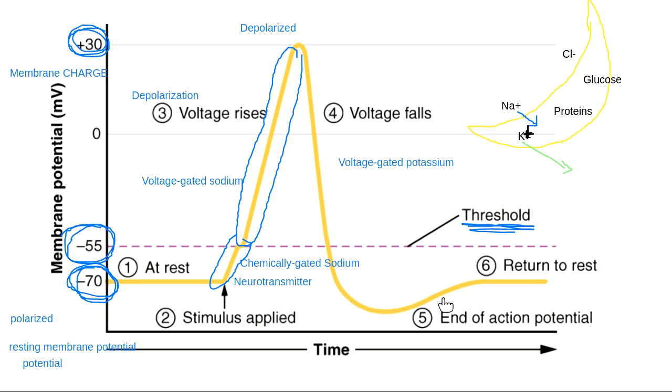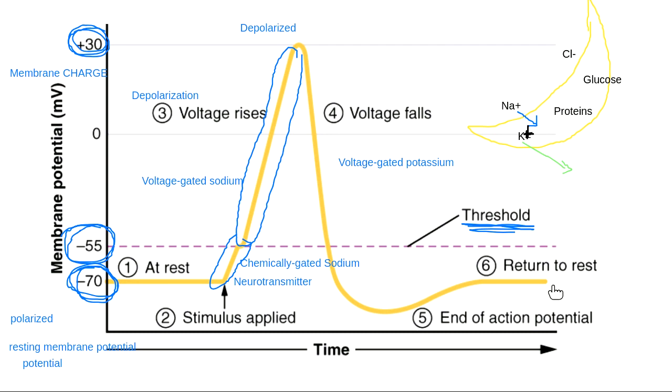We're so good at spitting out potassiums that we actually spit out too many, and we get lower than resting membrane potential. At that point, I'm going to use leakage channels, and I'm going to use that sodium-potassium pump to rebalance things and get back to normal.